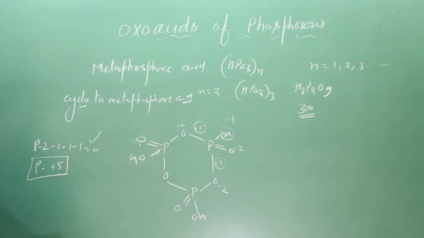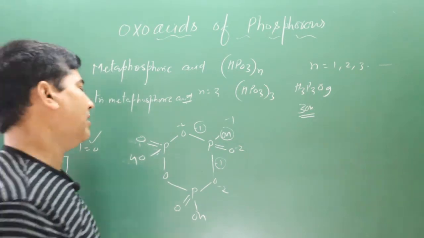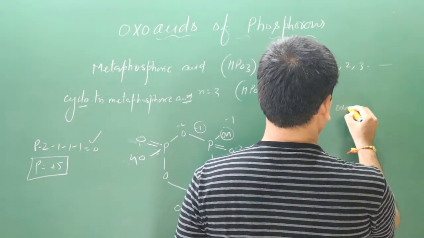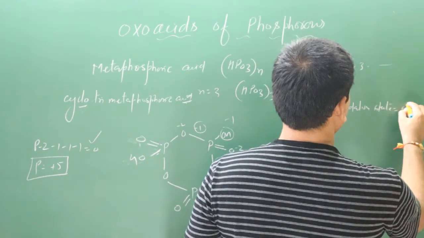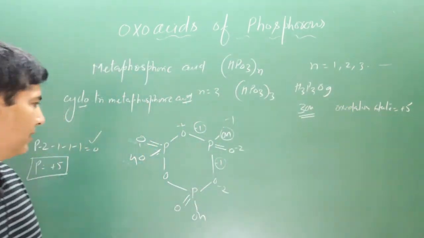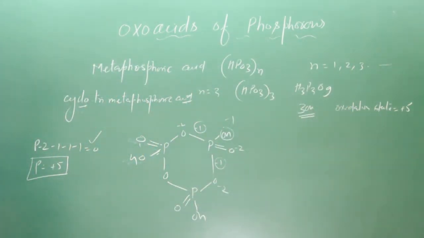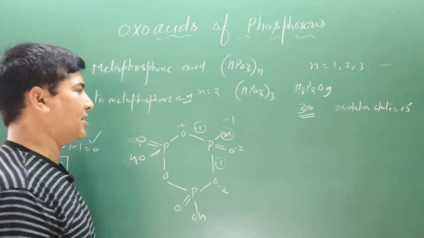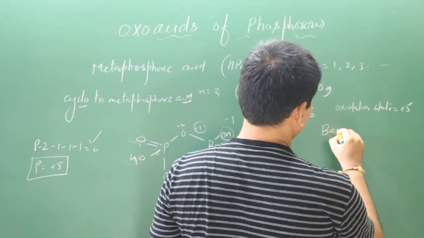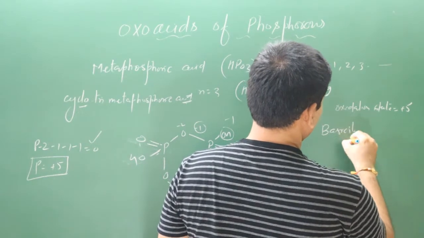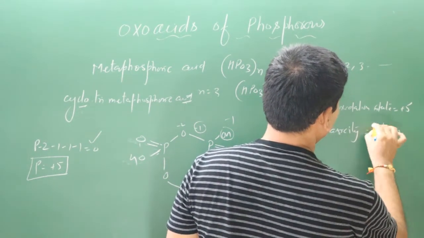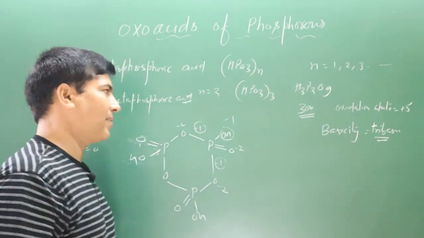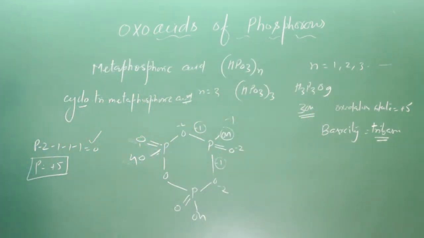Each phosphorus is in the same environment, that's why the oxidation state of each phosphorus will be +5. And what about basicity? How many hydroxyl groups are present? 3. Tribasic by nature. It depends on the n value. If n is 2 it will change, if n is 4 it will change.